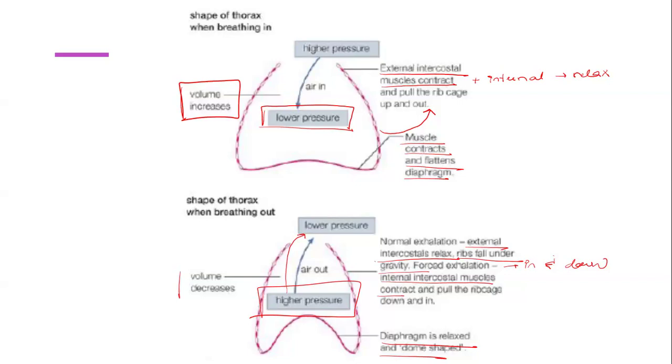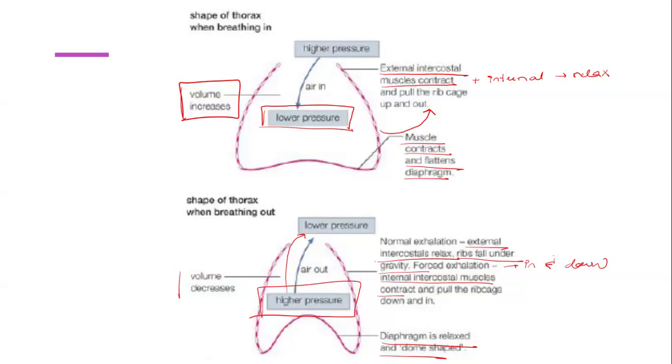But if you want to breathe out forcefully, the internal muscles will now also contract and they will pull the rib cage further in. So you can force more of the air out of your lungs. Okay, so in normal exhalation, just external muscles relax. That's it.